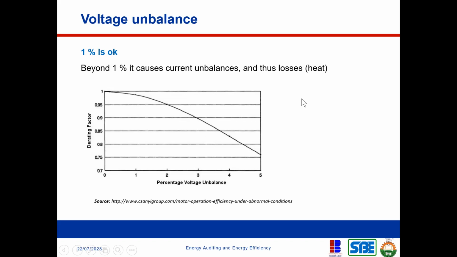Now this is adding another layer to what we learned last week. If you have a voltage unbalance of 1%, it is okay, but if it goes beyond 1%, it begins to affect the efficiency of the motor. Here is how it happens. This is a derating factor, and this is your percentage voltage unbalance. So the higher the voltage unbalance, the higher the losses and the inefficiency of the motor.